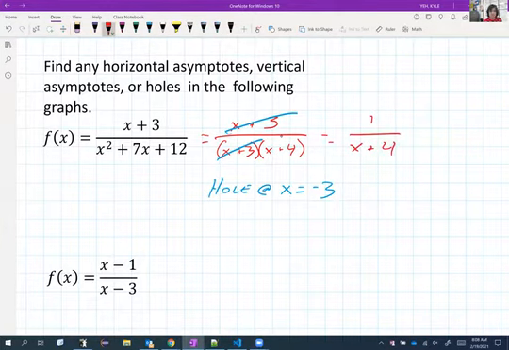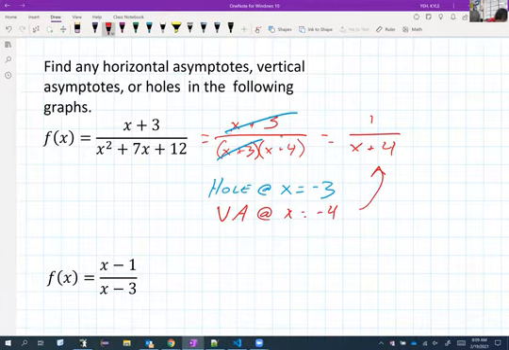I can't really do anything to cancel out that x plus 4 on bottom. So that means it's going to be a vertical asymptote. Vertical asymptote at x equals -4 because I couldn't cancel this factor out. The hole came from the one that I did, and then the vertical asymptote comes from the one that I couldn't cancel out.